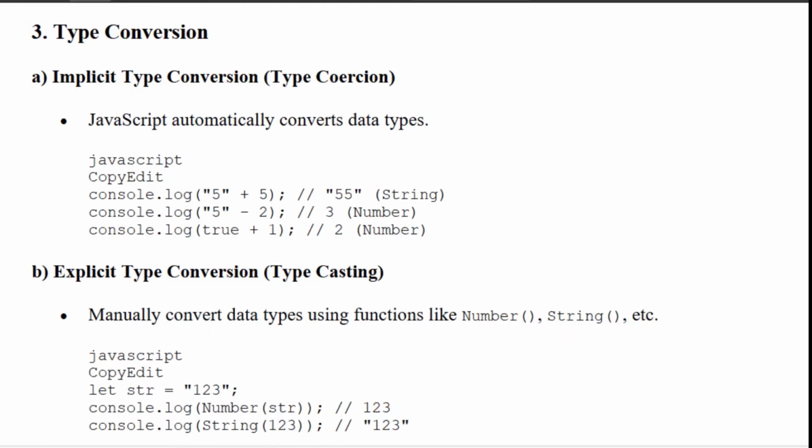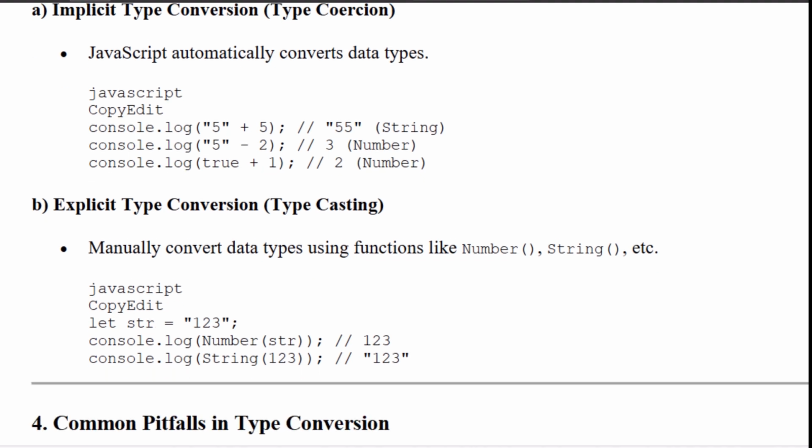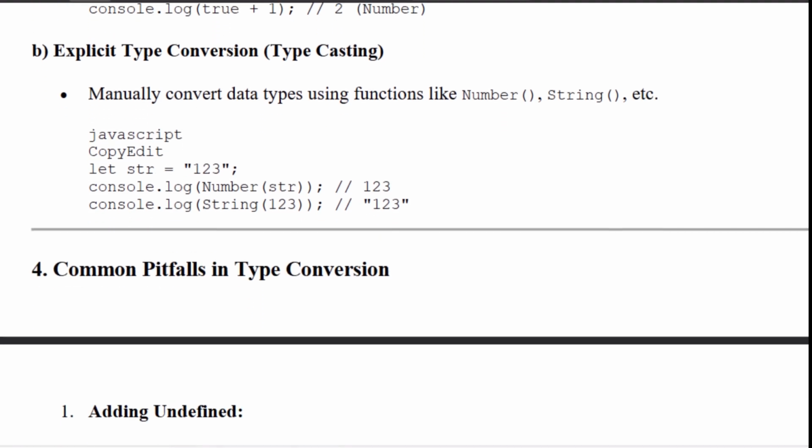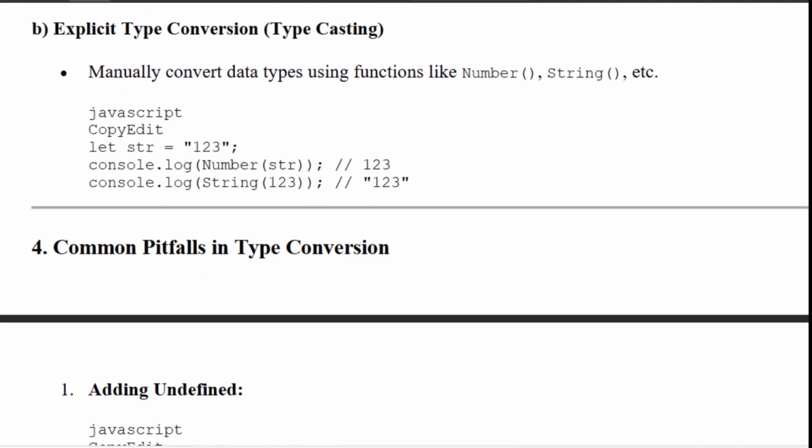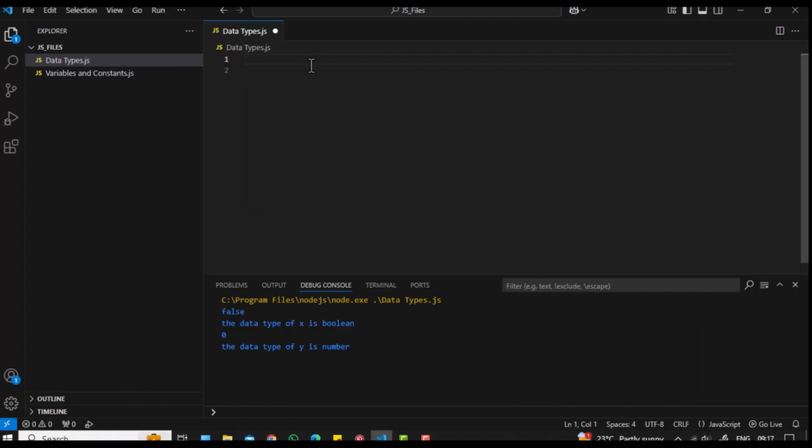Now let's check explicit type conversion. Here, we manually change the data type. I assign a numerical value to a variable x. Then, I reassign the value of x and convert it to string. The syntax is shown on the screen.